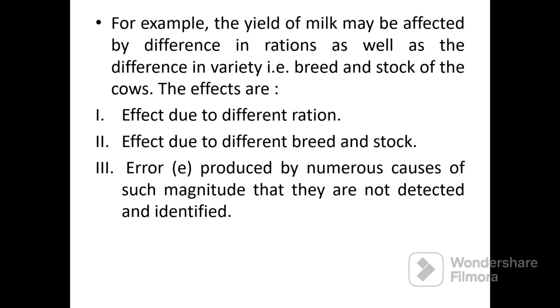The second effect is due to the different types of breed and stock. And the third effect, the error effect, is the chance effect within the observations, which cannot be traced or identified. So here the capital N number of cows has been divided on the basis of these two types of factors, different types of ration as well as different types of breed and stock.